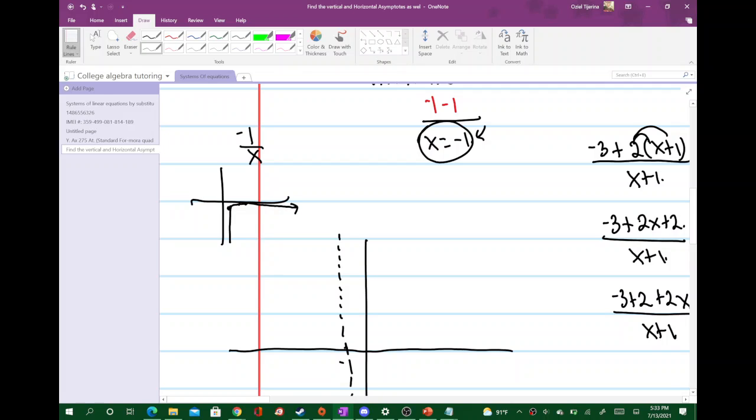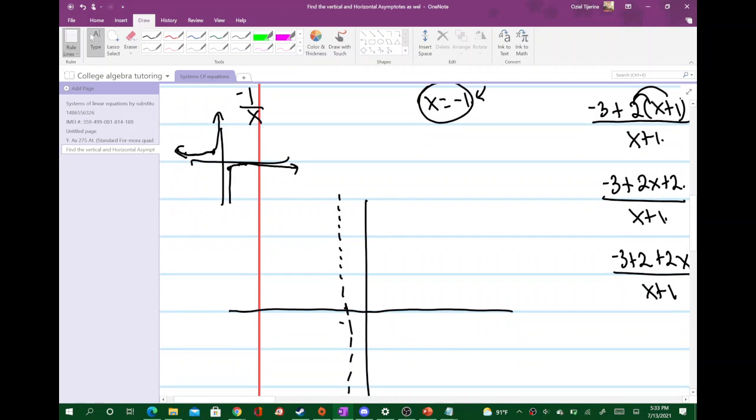Now what about as x approaches -infinity? It goes like this, and basically it rises from the left hand side, right? So we know that this graph is going to have this kind of shape. It's a rough sketch, but it'll look something along the lines of this.